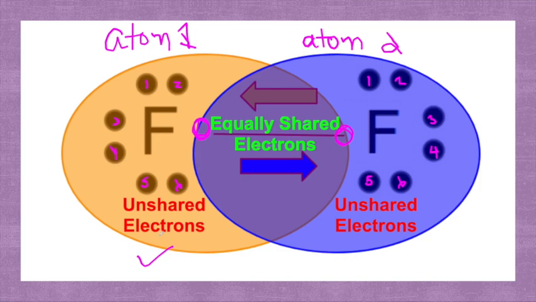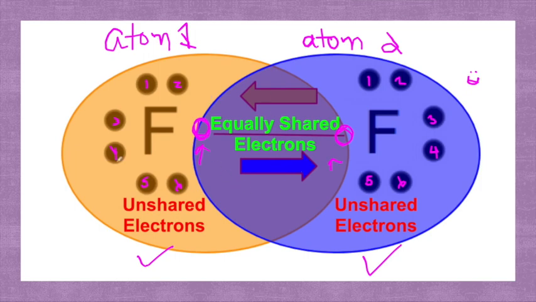Therefore, if atom 1 shares its electron, this one, with atom 2, atom 2 will also be satisfied, meaning if they share both of these, both of them are happy, and you result in a covalent bond.